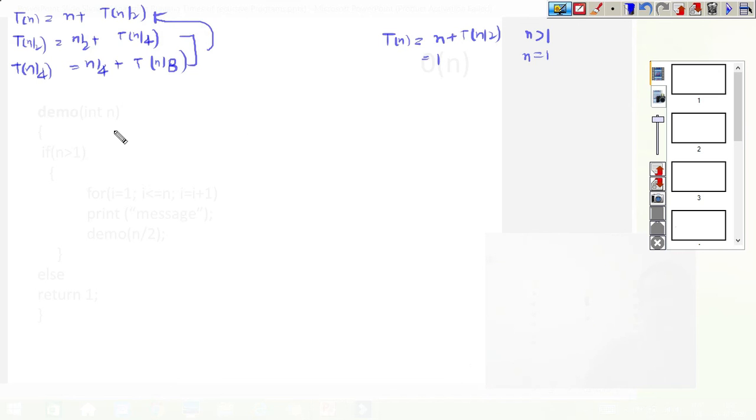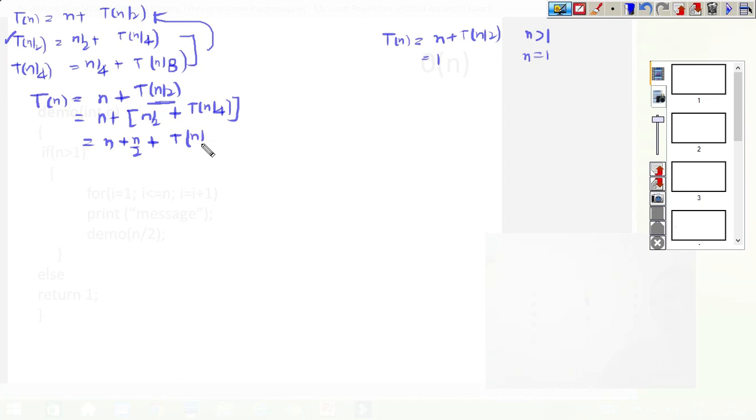I am going to substitute these values. So my main equation is T(n) equals, I am replacing this with this value, so n + n/2 + T(n/4). I get n + n/2 + T(n/4).